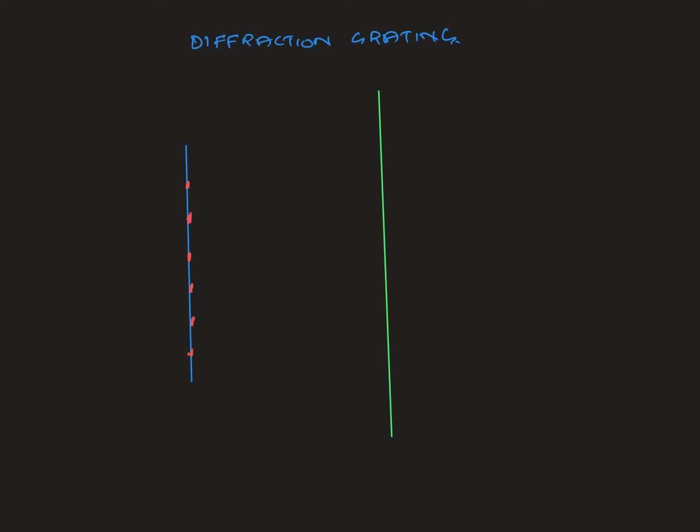So for instance, there's a wave going here, another wave coming here, another wave coming here. Waves coming from multiple slits merge and there's constructive interference. So this will be a really, really bright spot here.